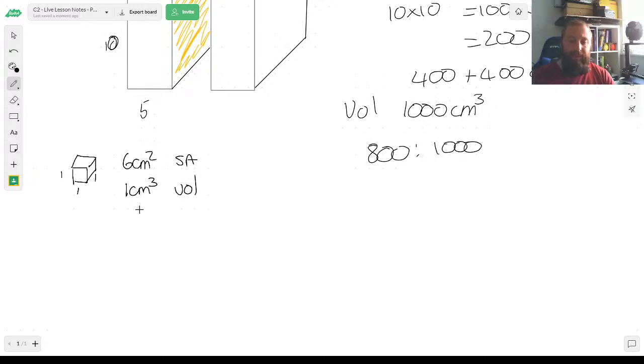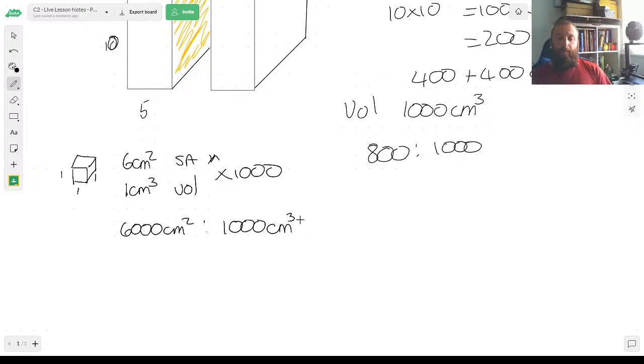Now, I would have in total 1,000 of these cubes. So now when I work this out, my total surface area is 6,000 square centimetres to 1,000 cubic centimetres, because remember my volume hasn't changed. So we can notice we've got a massive change now in our surface area to volume by chopping it up.